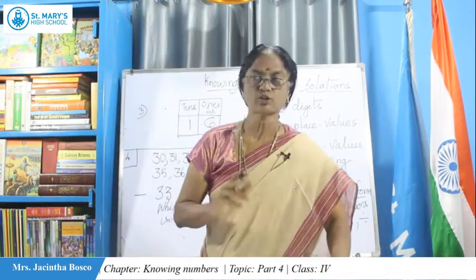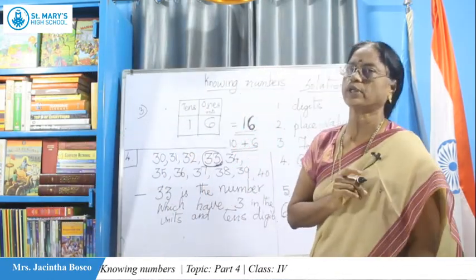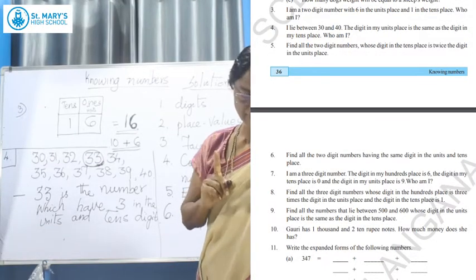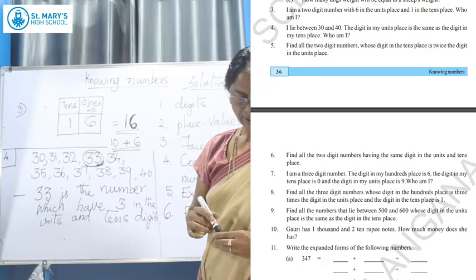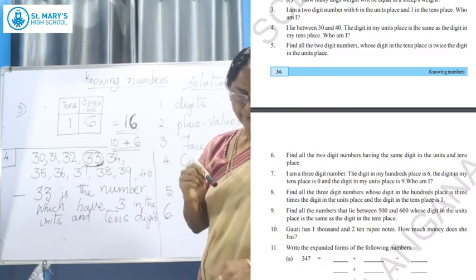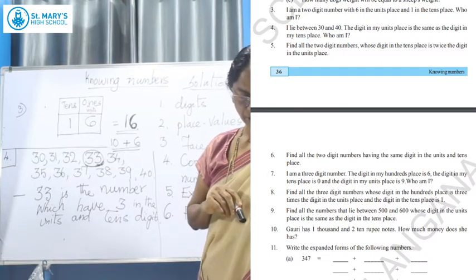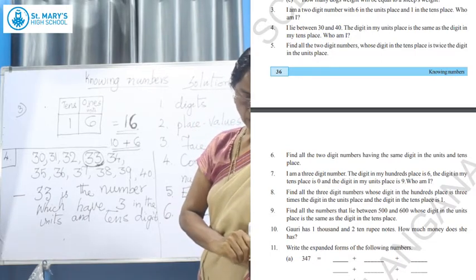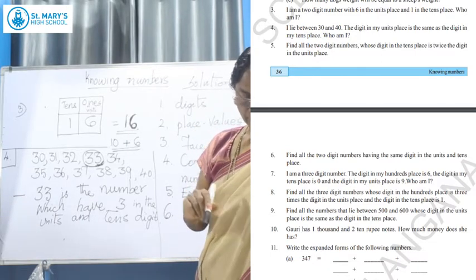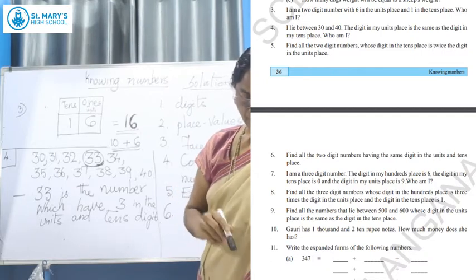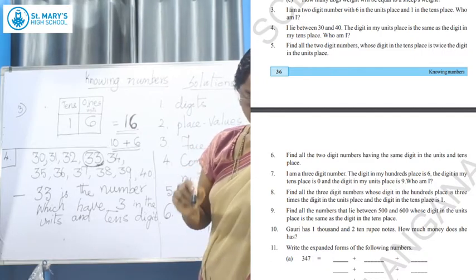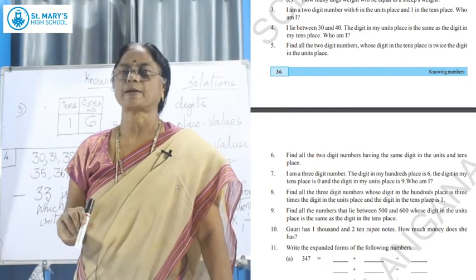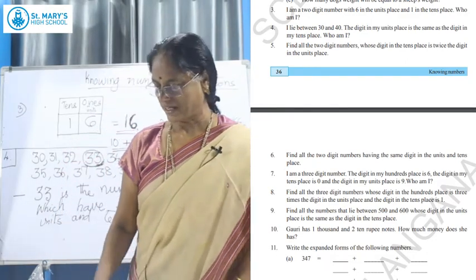Now we are moving to the fifth question. Okay? Shall I do the fifth question? See there. Read the question. Find all the 2-digit numbers whose digit in the tens place is twice the digit in the units place.